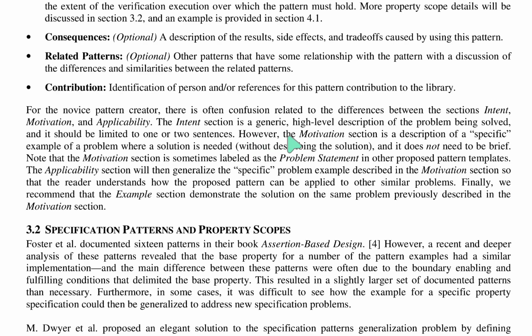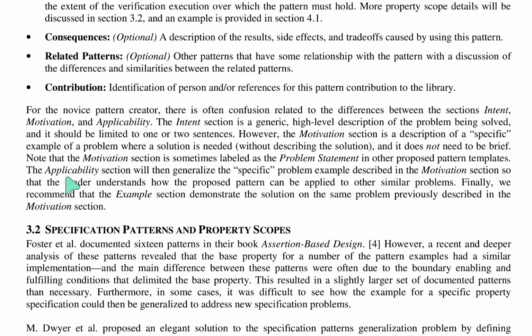However, the motivation section is a description of a specific example of a problem where a solution is needed, without describing the solution, and it does not need to be brief. Note that the motivation section is sometimes labeled the problem statement in other proposed pattern templates.